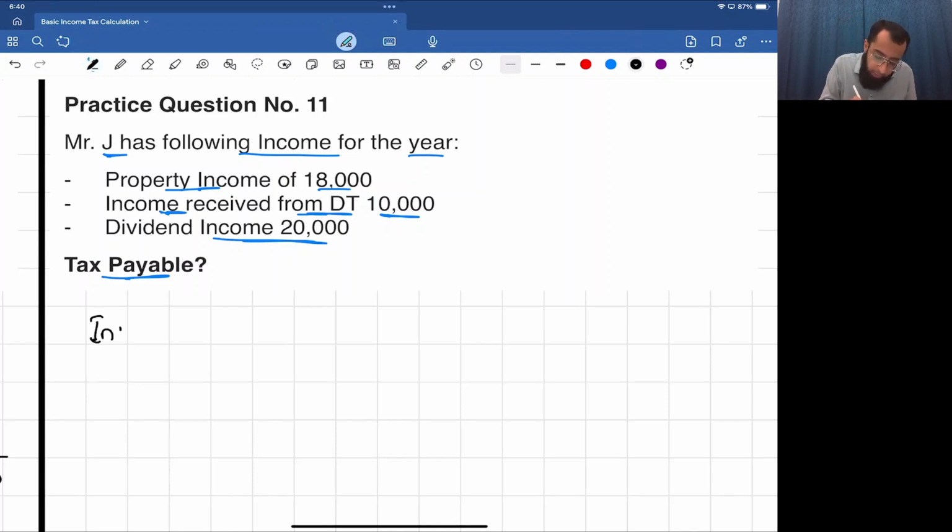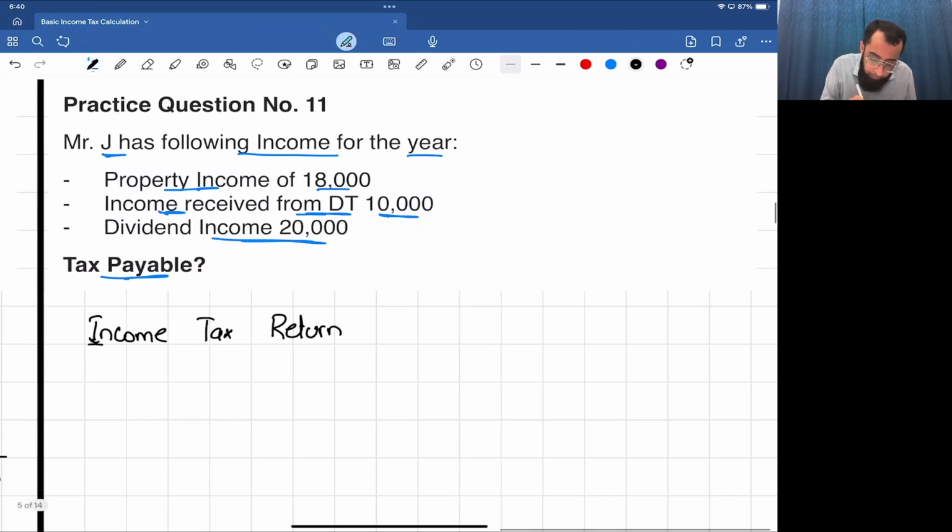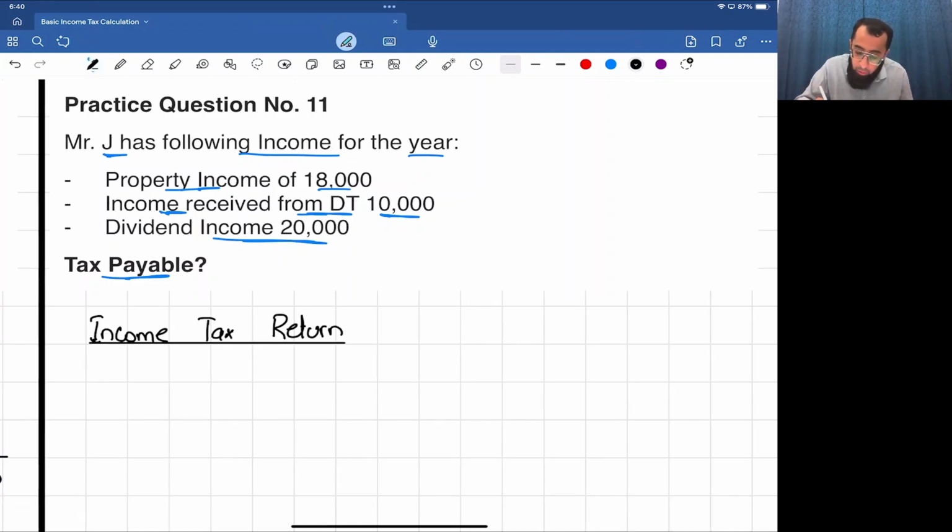Just routine steps. Income tax return. Okay. There are two heads of income currently, non-saving and dividend. There is no saving income in the question. Non-saving and the dividend income. There is no interest income given.